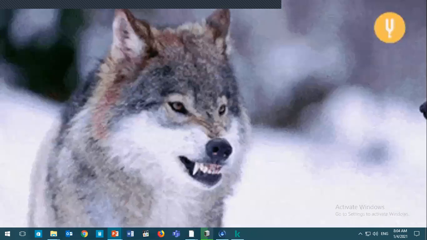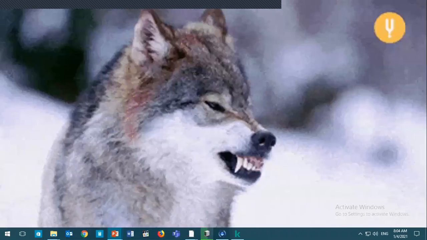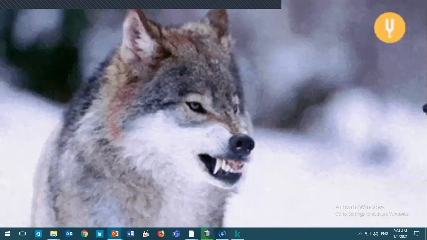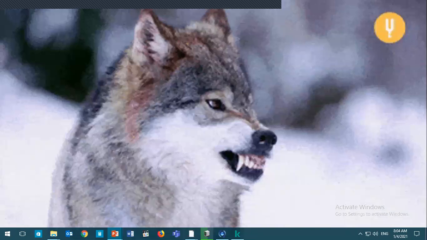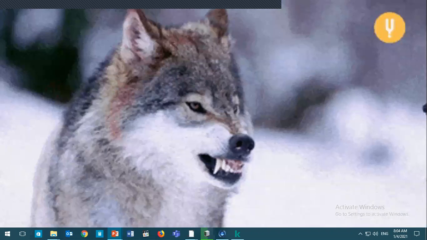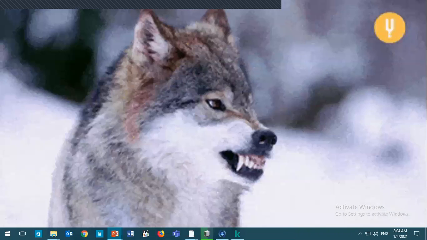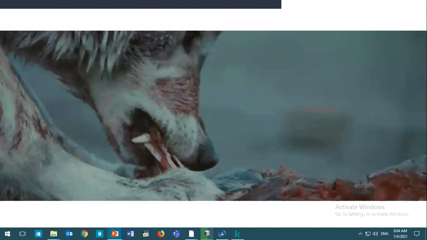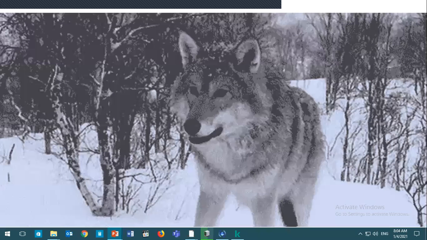Wolves usually eat deer, mountain goats, and the white rabbit. Sometimes when the number of these prey gets less and less, they will have to change their diet and start eating cattle and sheep. So this is a change in the behavior, right?